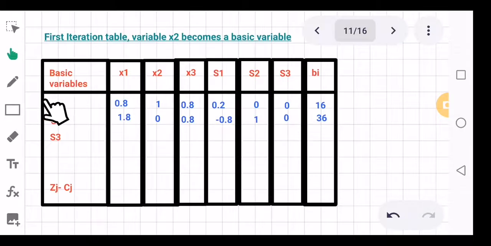Whether it is new row 2 or new row 3, we'll be considering the values of this particular row to solve it.